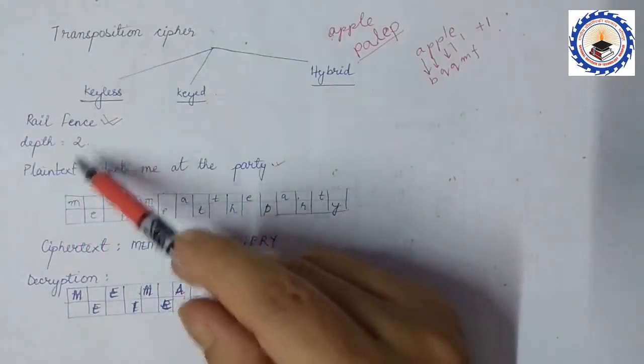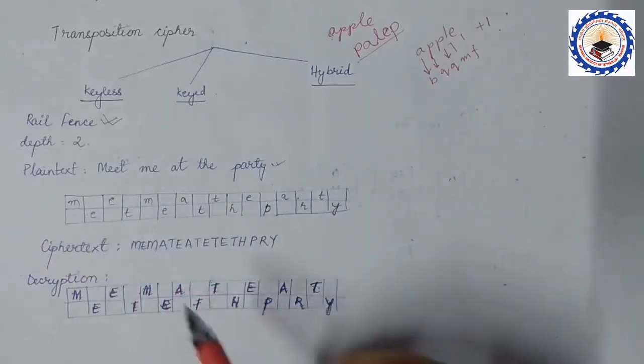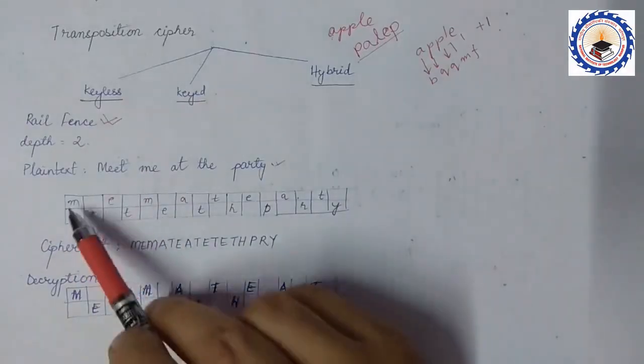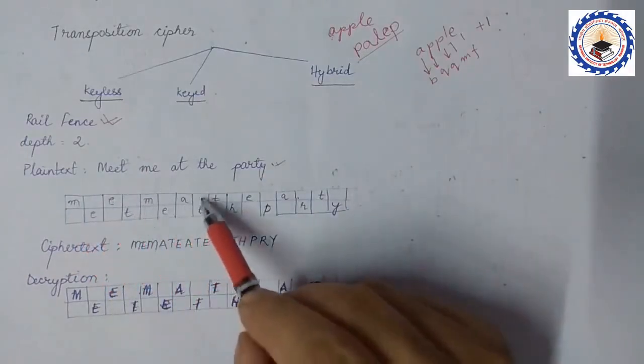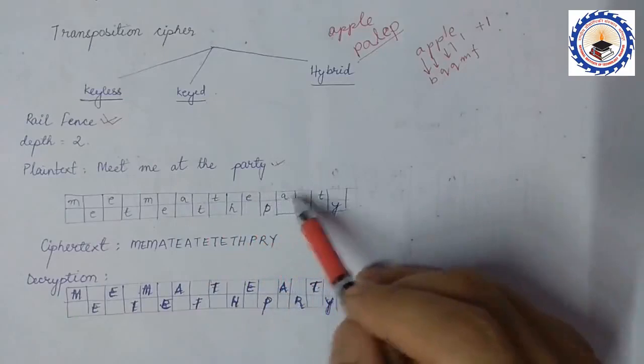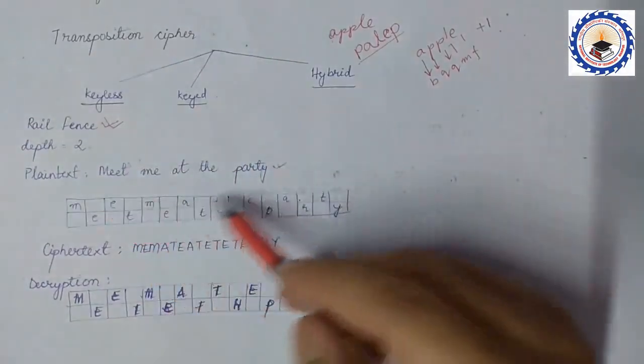If the depth is 3, then you have to make 3 rows. And how many columns are there? 1, 2, 3, up to 16. It is nothing but the number of letters in the given plain text.